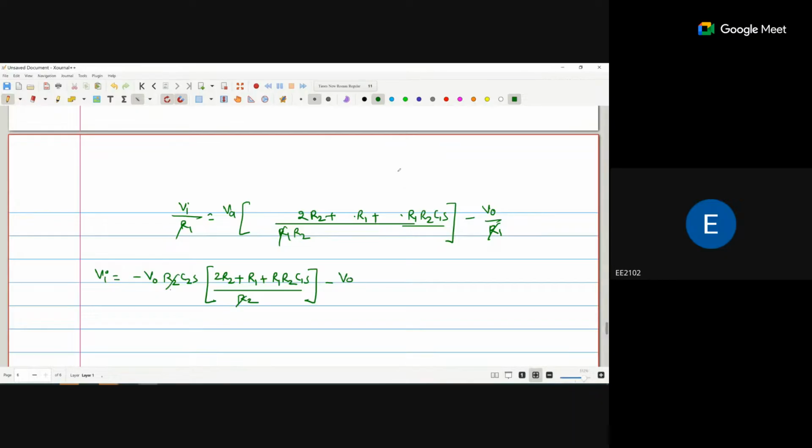R2 and R2 cancel out. My Vi is equal to minus Vout; I take it common, that is (1 plus 2R2C2s plus R1C2s plus R1R2C1C2s squared).